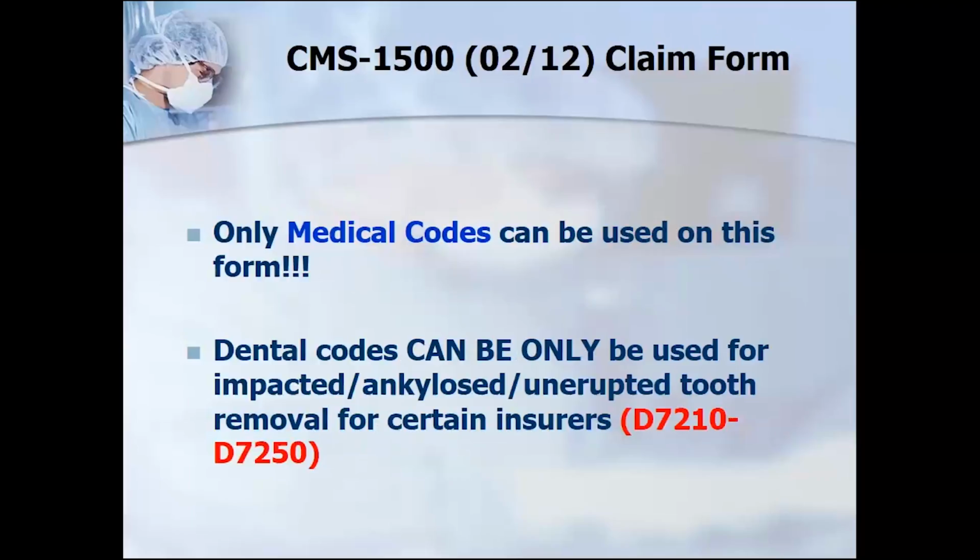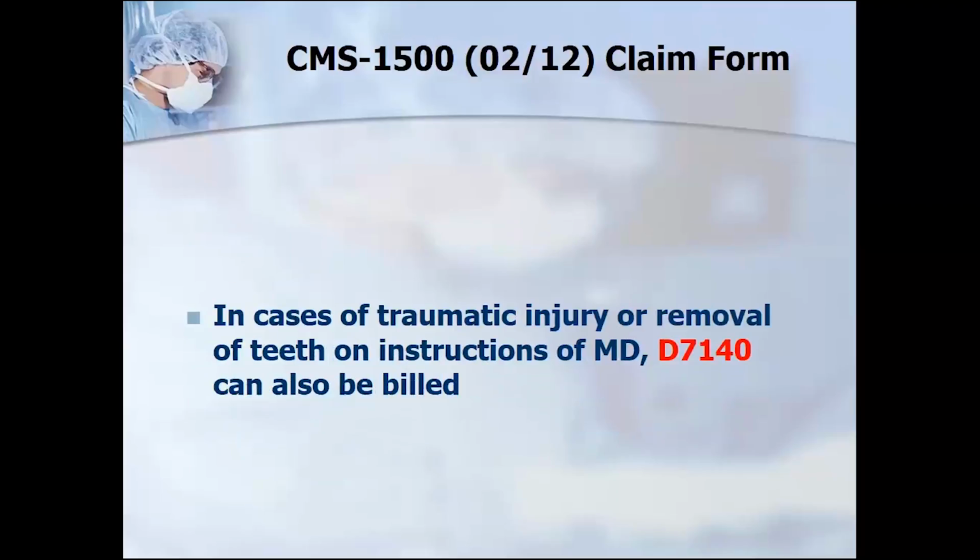The CMS 1500 claim form, the 0212 version, first of all, know that only medical codes can be used on this form. Dental codes can be used, but only in situations where you have impacted, ankylosed, or unerupted teeth that are being removed, and only these D codes can be used for certain insurers.